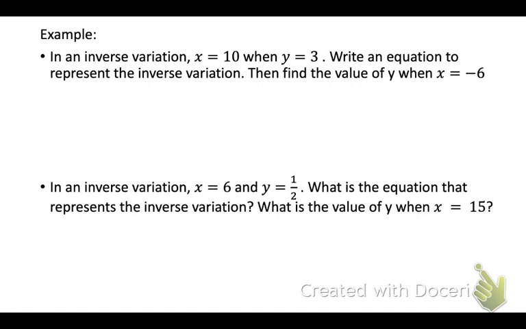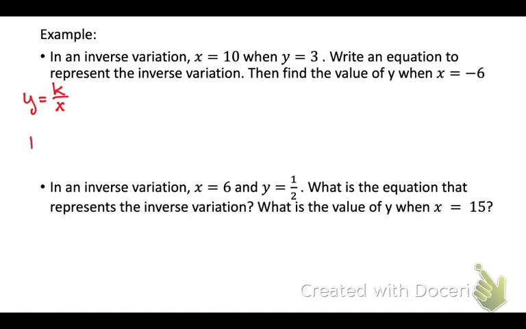Remember, an inverse variation is y equals k over x. An equation has an x and a y in it, yes? So I need to figure out what k equals. K is the constant of variation. So how do I find the constant of variation?